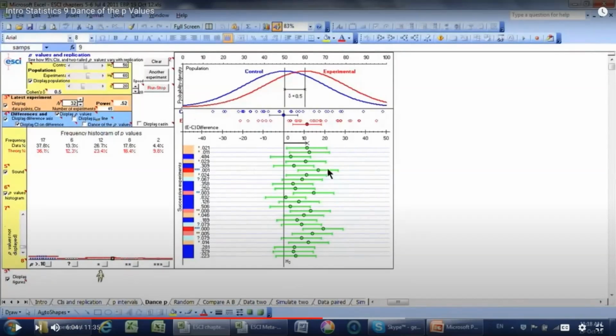effect size of 0.5, which is a medium effect size, it's a pretty good effect size. You can see how much variability there is in these p-values, right? From 0.02, 0.01, all the way up to, let's see, 0.35, 0.5, 0.329, 0.000, right? And so you can see why this starts to present an issue.